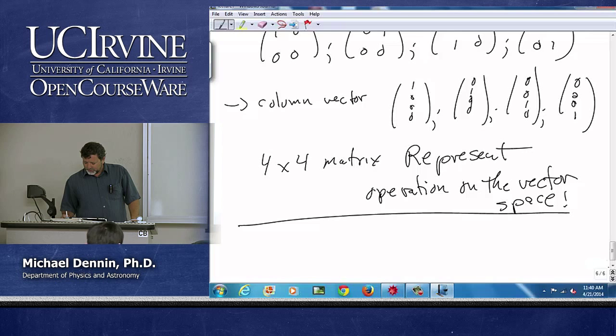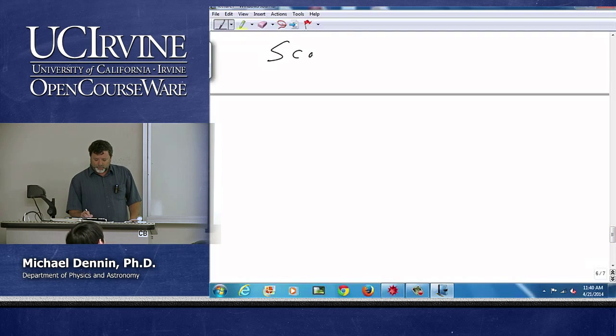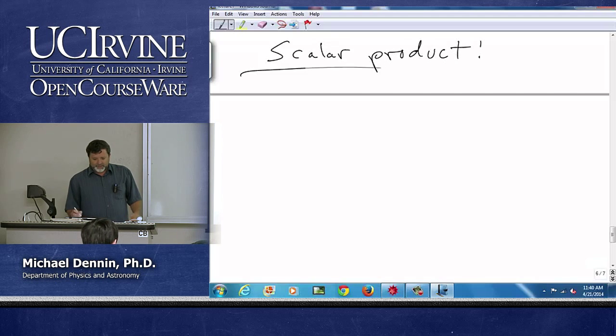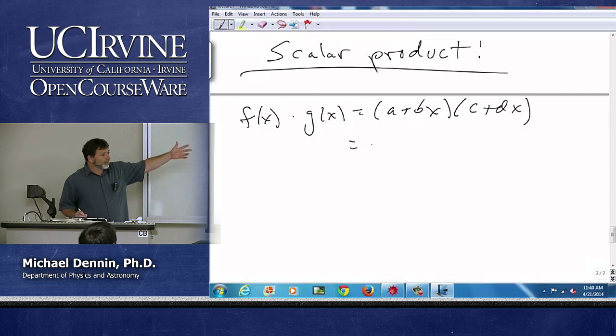And now the last little piece is, it's not necessary for the definition, but let's suppose we want to add the scalar product. Let's immediately point out a problem, right? If I have a linear function f of x and I multiply it times g of x, what do I get out? Real quickly, this is easy multiplication.